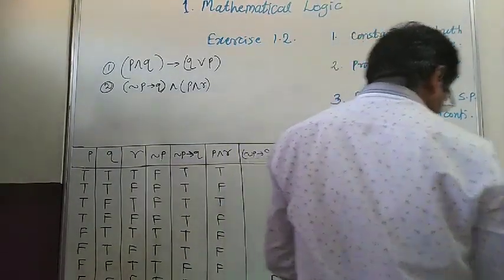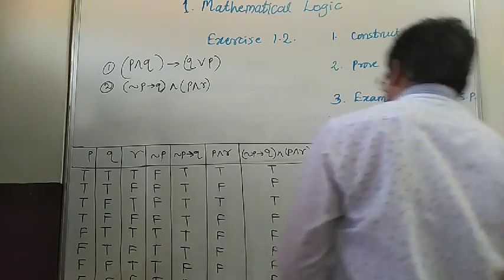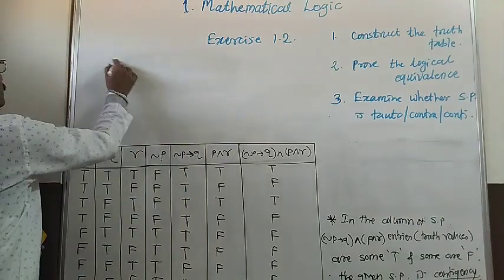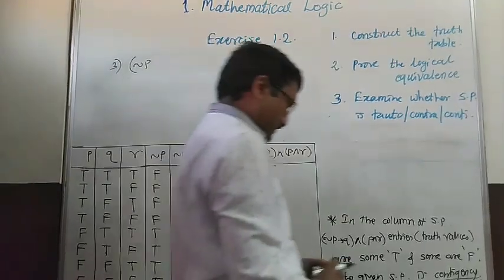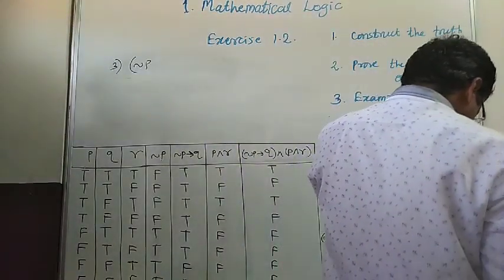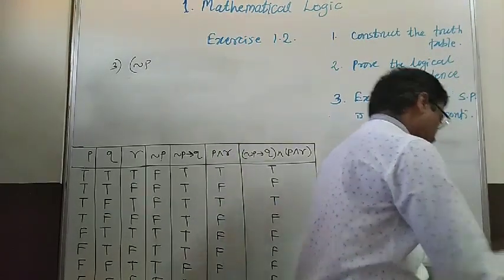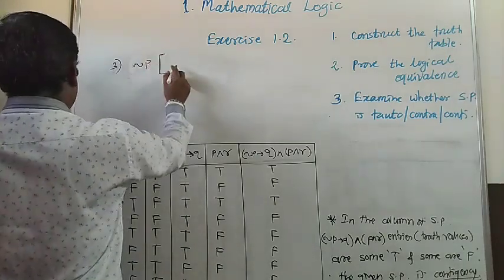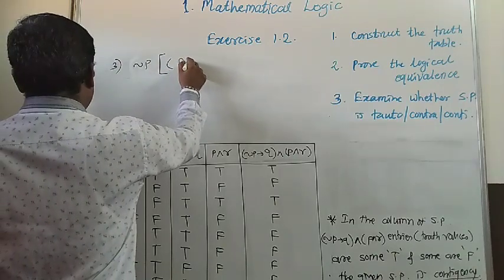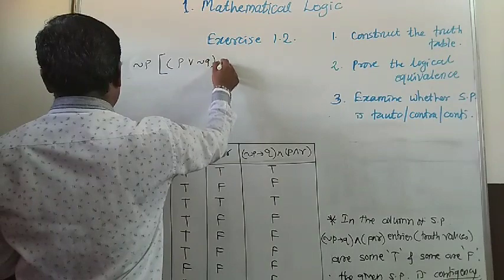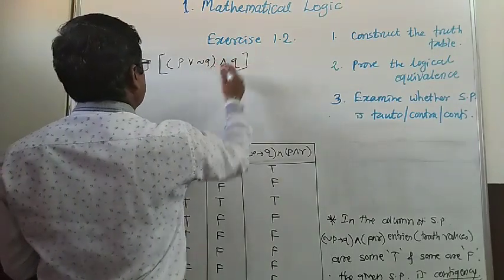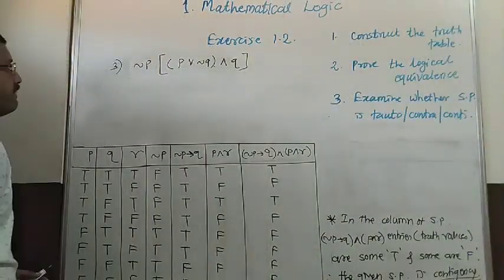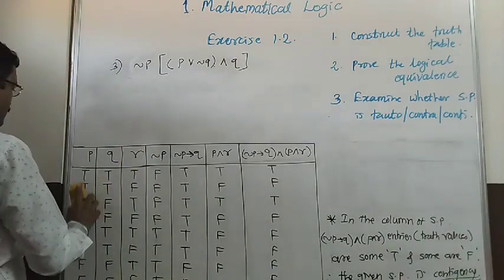Let us see third example. Negation P and P or negation Q and Q. This contains only two simple statements.